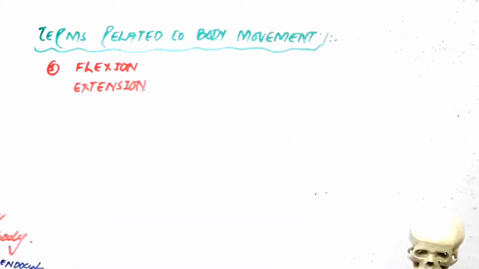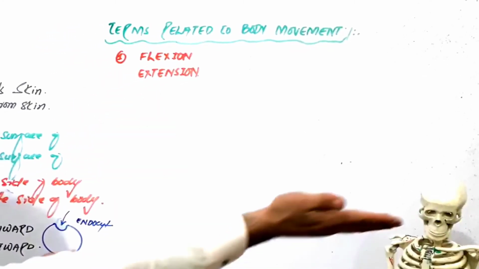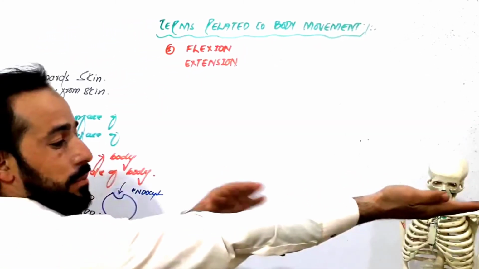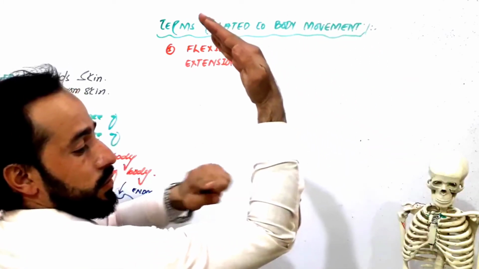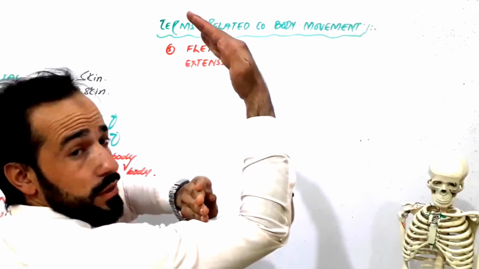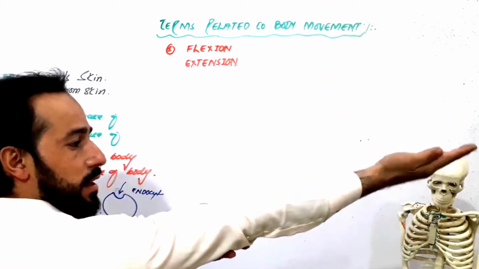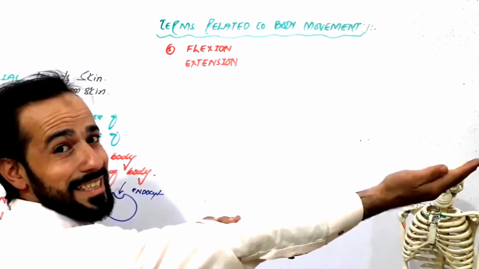Clear, friends? What is meant by flexion and extension? Look, I will tell you what is meant by flexion. This is my hand, this is my upper limb, right? When I bring my hand like this, here becomes an angle of about 90 degrees. If I stretch my hand back, the angle becomes double, about 180.